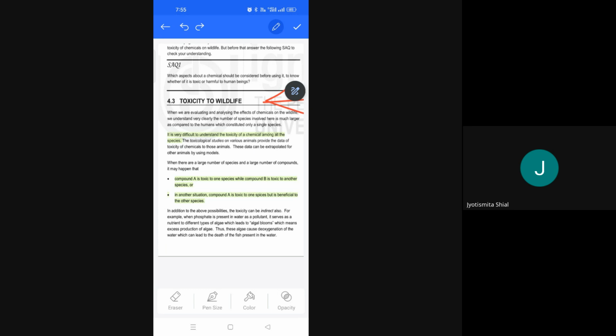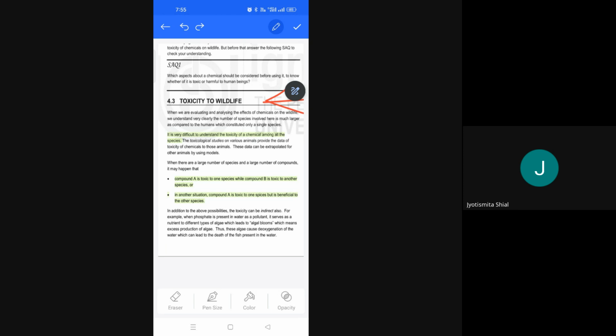You know that antivenom is created in horse blood. That means the poison of a snake may affect human health.